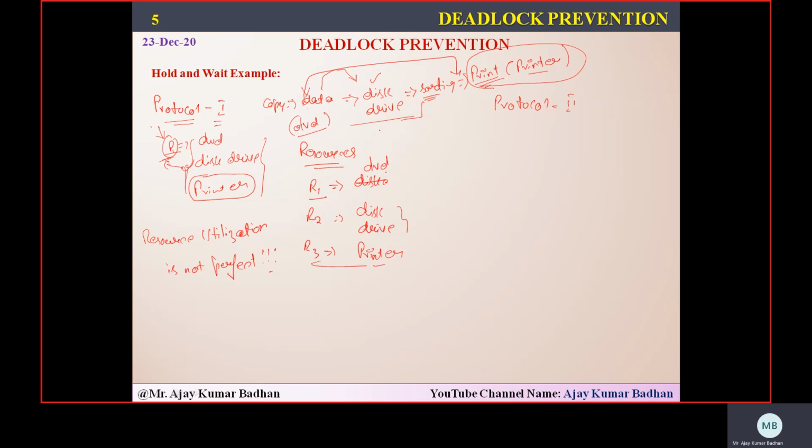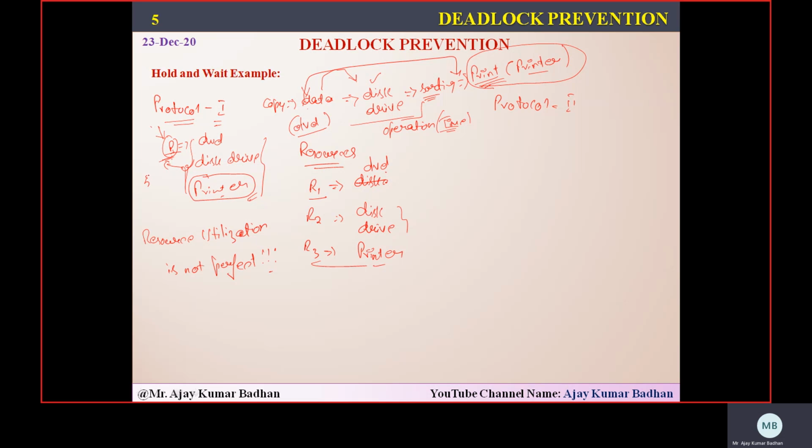In between it will take some time, and during that time this printer is sitting in an idle state. And this printer cannot be used by another process. Why? We have already allocated it to this process, and until it releases the printer, no one else can use it. But it is not going to use it.